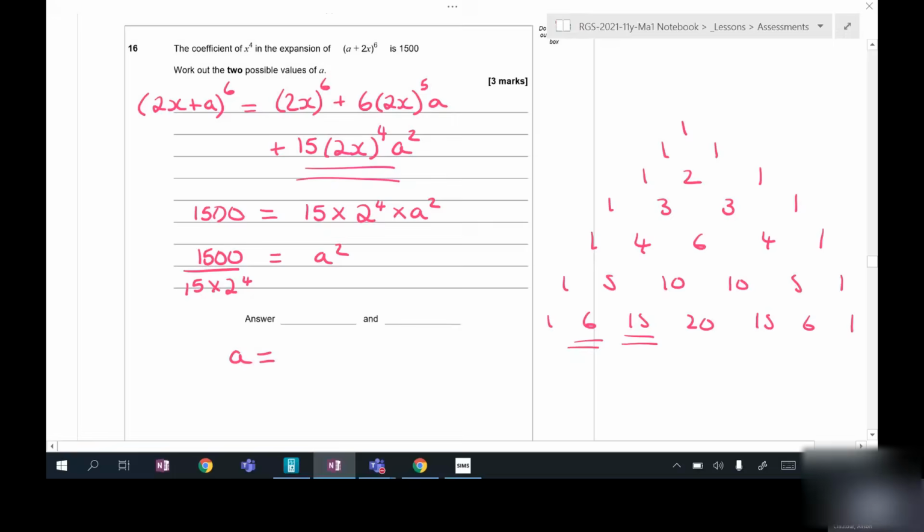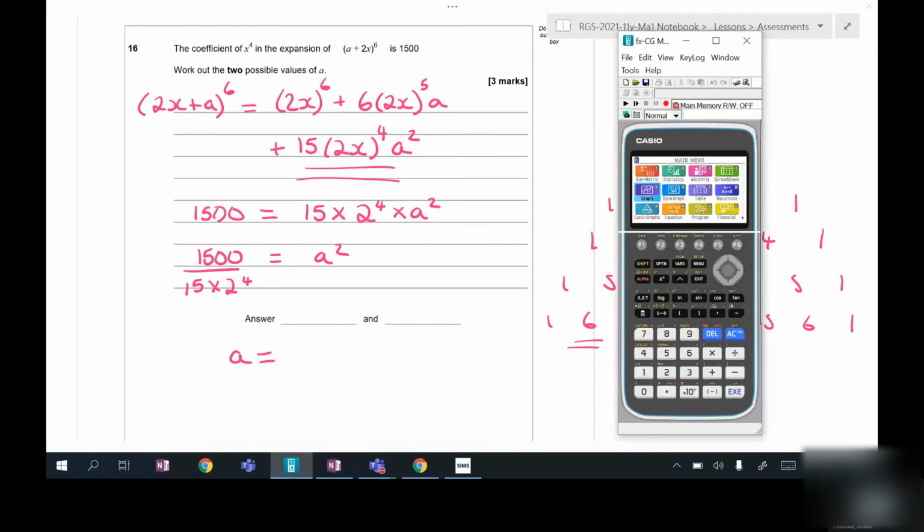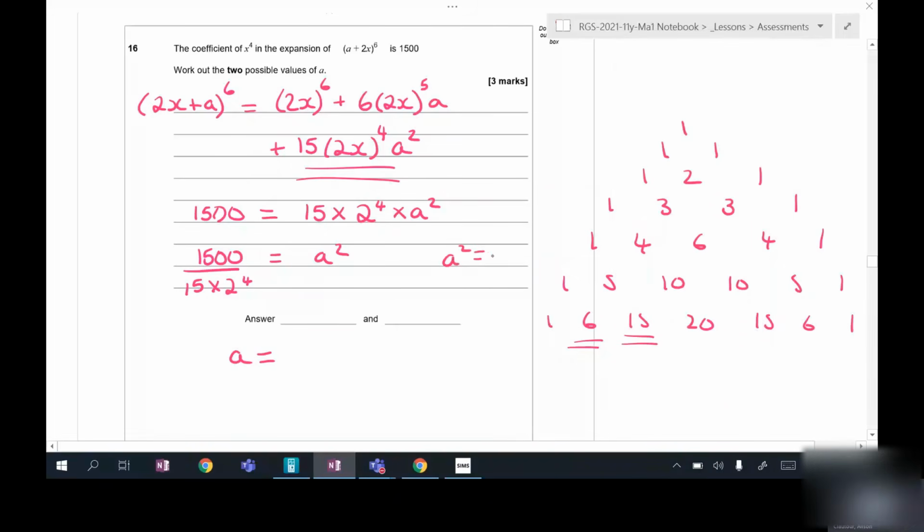And then you can obviously square root to get a. So we've got 1500 divided by 15 times 2 to the power of 4. 25 over 4. So if we square root that, we get 5 over 2.